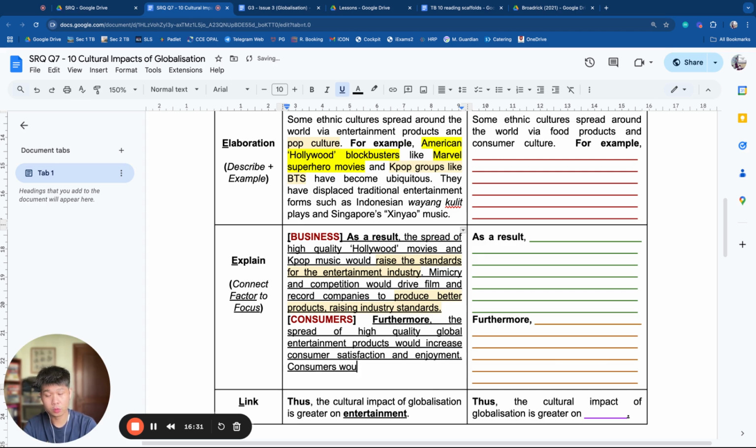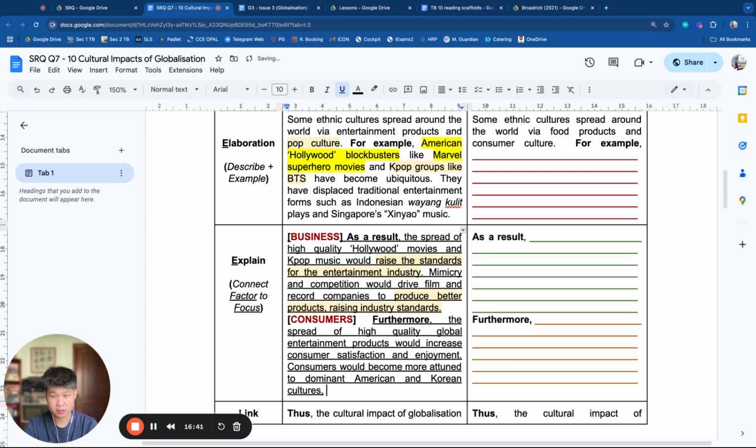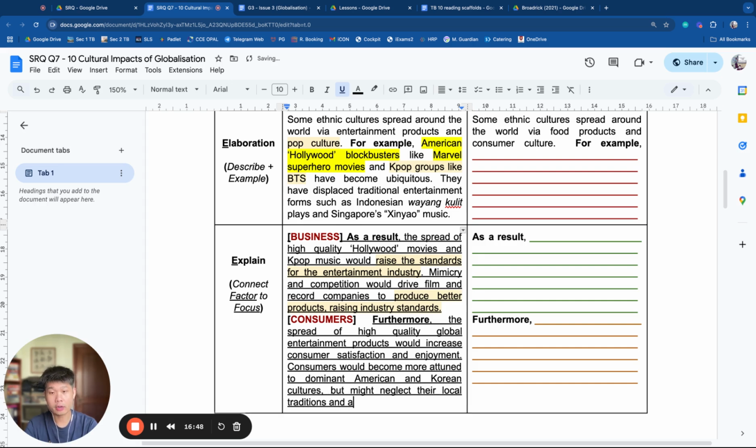Consumers would become more attuned to dominant American and Korean cultures, but might neglect their local traditions and art forms.